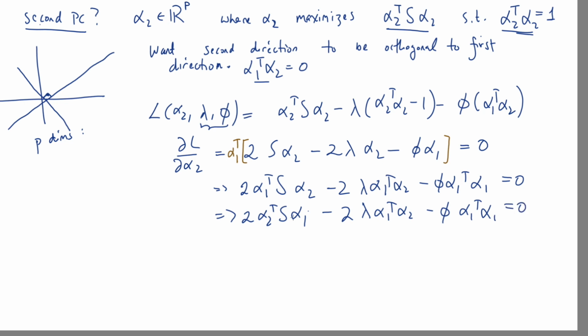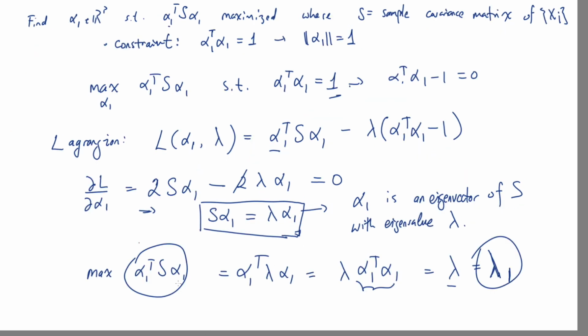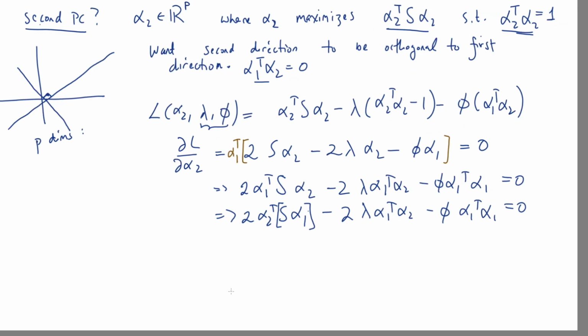So these two guys are equal, because S is symmetric, I can switch these around. And what I want to note is that this guy, S alpha 1, if we look back to here, S alpha 1 is equal to lambda alpha 1. And let me just be careful, it's not the same lambda as here. I'll call this lambda 1, so 2 lambda 1 alpha 2 transpose alpha 1, minus 2 lambda alpha 1 transpose alpha 2, minus phi.